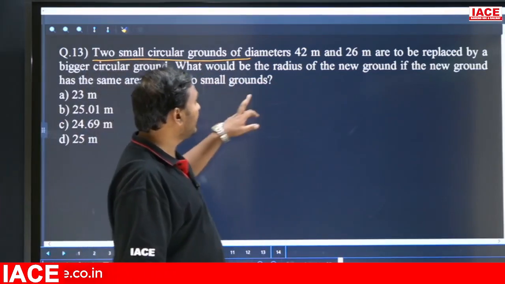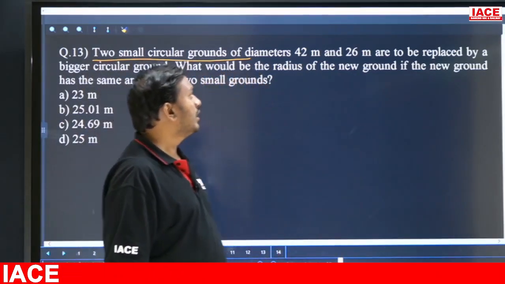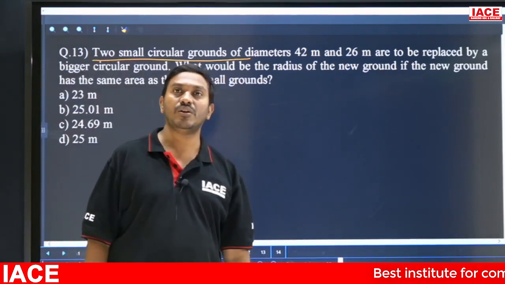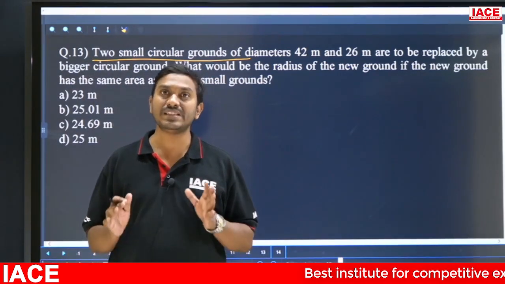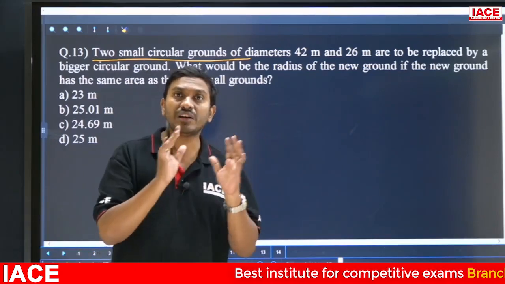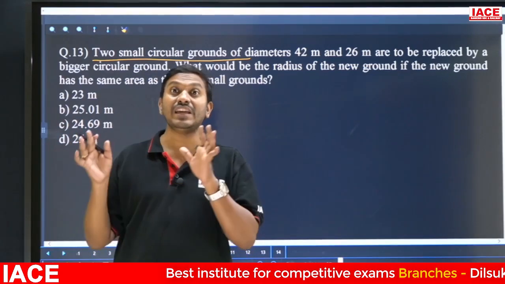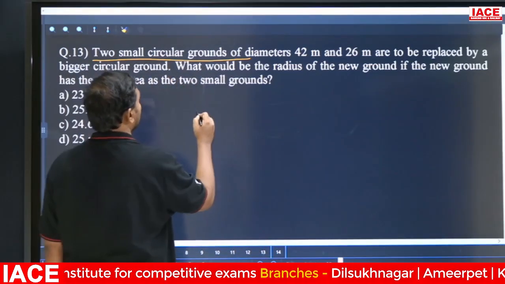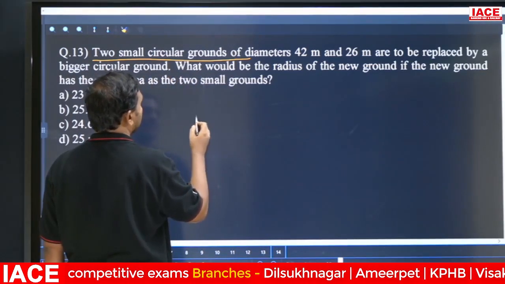What would be the radius of the new ground if the new ground has the same area as the smaller grounds? So the area of the ground is the same. Two smaller ground areas and the bigger ground area. Area is the same. Then what is the radius of the bigger one? He is asking, right?